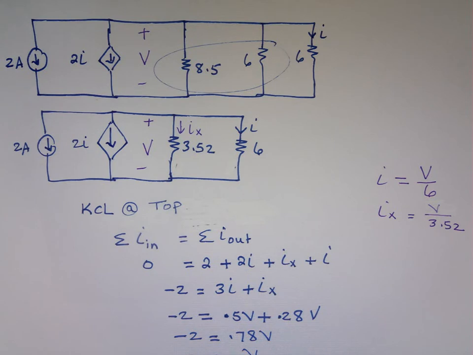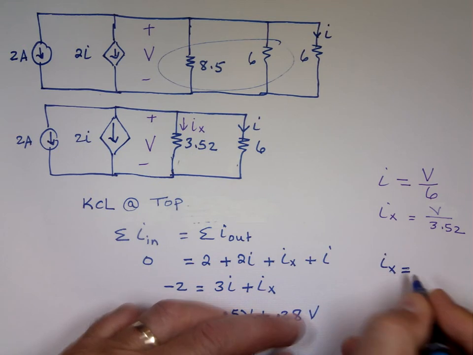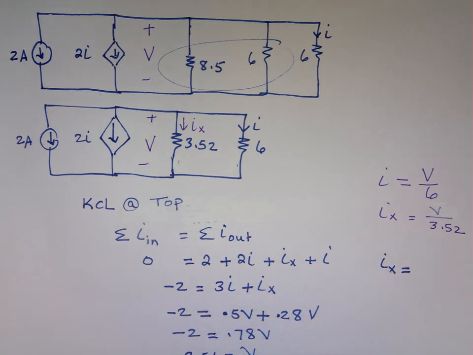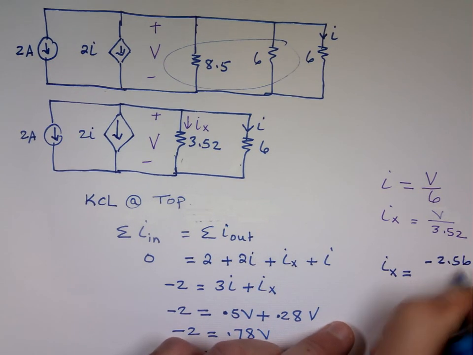Wonderful. Now I know I sub x, right? What's I sub x? I sub x is going to be negative 2.56 divided by what? 3.52.